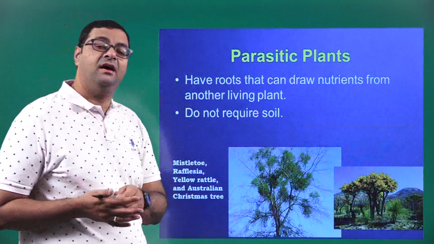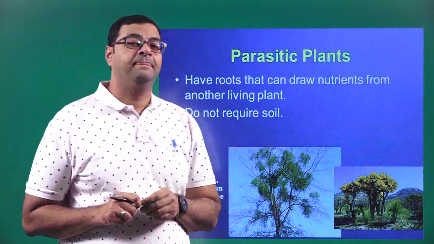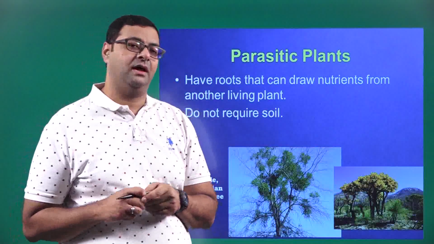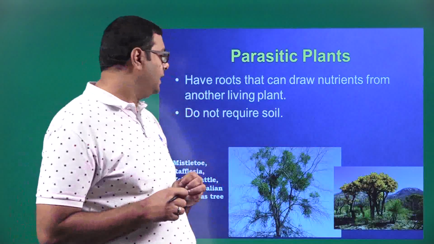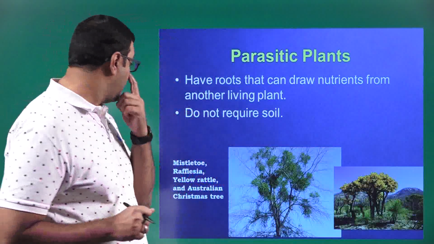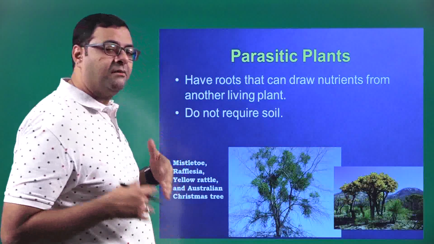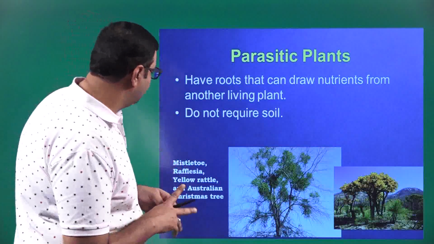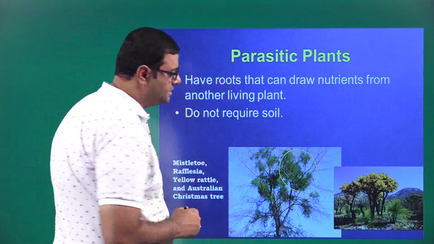Parasitic plants. Now, there are certain plants which are dependent on the host plant completely or partially. These plants which are partial parasites, for example, you have the mistletoe. This is a mistletoe plant.